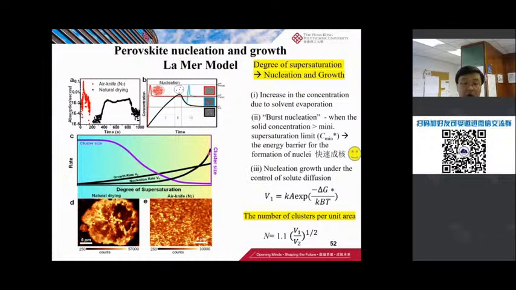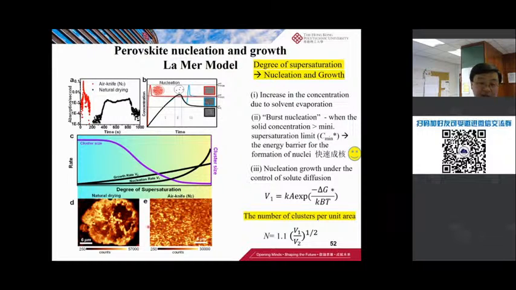But overall, the take-home message is you can use a fast air quenching method to build a high-quality perovskite, which has a quick nucleation and lots of nucleations, and then you grow them to have higher quality films there.